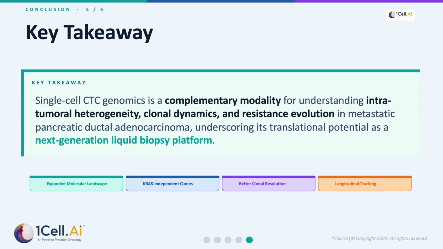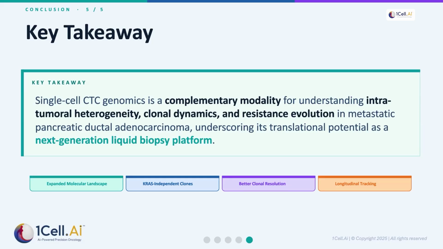And the fact that this platform gives us both ctDNA and CTCs at a single cell level, I think these are complementary technologies in one platform, and really allows us a very high level understanding of what is happening in these patients.